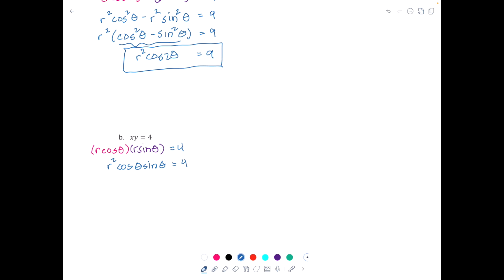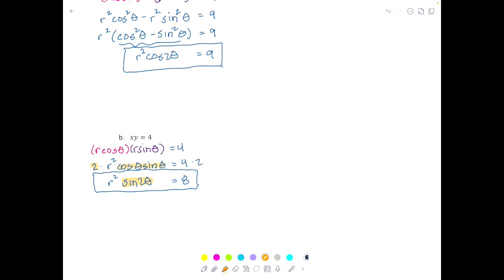You can either leave it like that, or you could multiply both sides by 2, because 2 times sine theta times cosine theta is sine 2 theta. So that would equal 8. So we had 2 times cosine theta times sine theta was the sine 2 theta. Groovy?